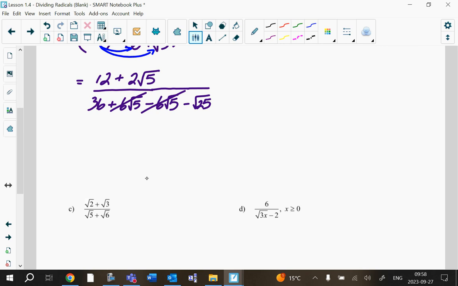It's 5. So I actually end up with 36 minus 5. 31. And look at all the non-radicals. Can I reduce them all by something? No. So that's as far as I can go.